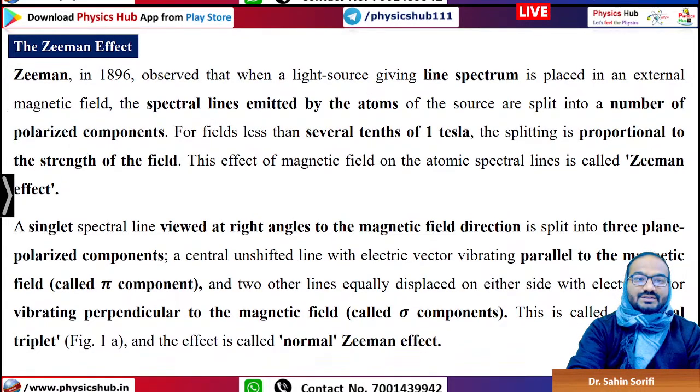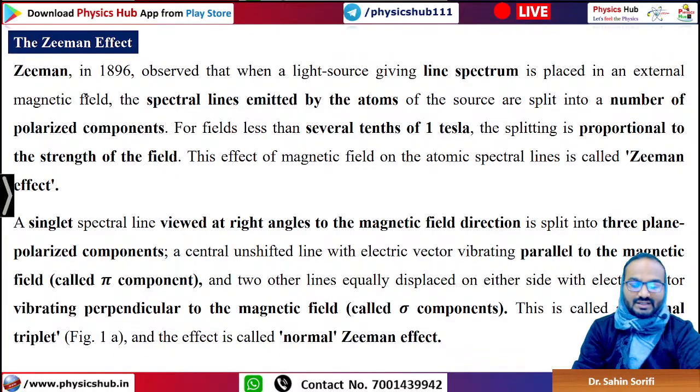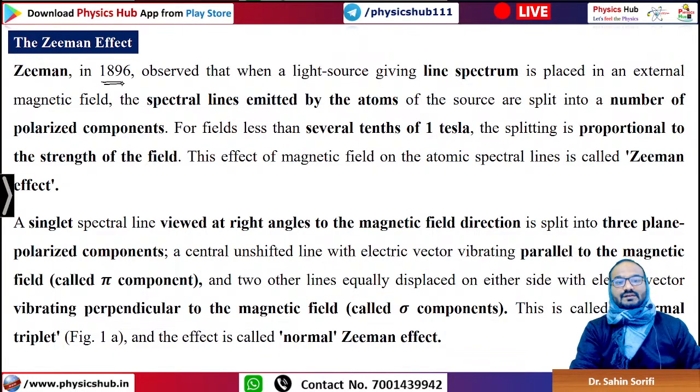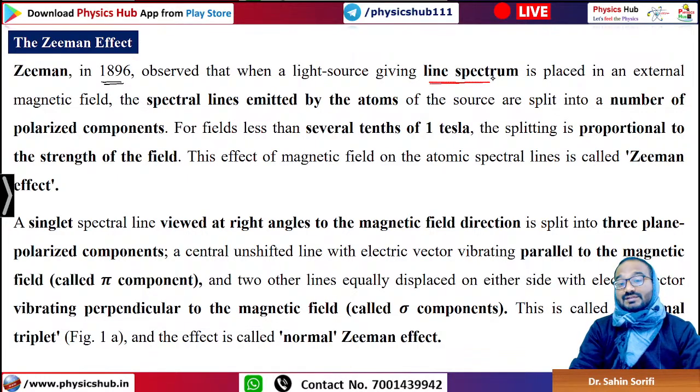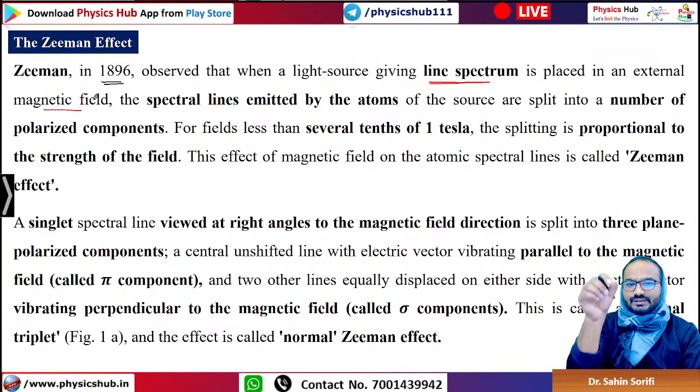We'll start with the basic definition of the Zeeman effect. Zeeman, the scientist, in the year 1896, observed that when a light source giving line spectra, as we have seen for the hydrogen atom, with the Balmer series, Paschen series, Brackett series and all those series, is placed in an external magnetic field, then in the Balmer series, where we get one line, the spectral lines emitted by the atoms of the source are observed to be split into a number of polarized components.